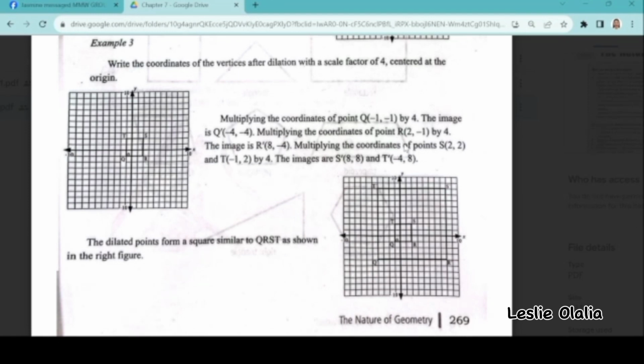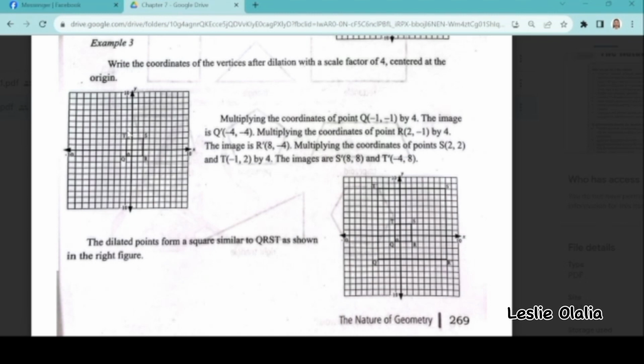Ito namang point S, 2 and 2 multiplied by 4 is 8 and 8. Ito naman sa T, negative 1 and 2 multiplied by 4 is negative 4 and 8. Ngayon, makikita nyo dito sa figure 1 sa taas, maliit lang yung square, di ba?